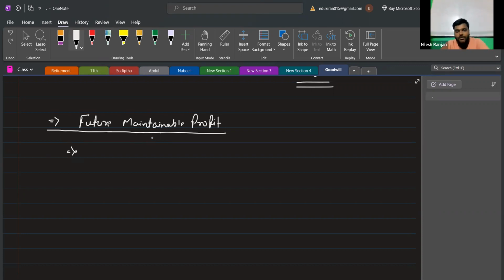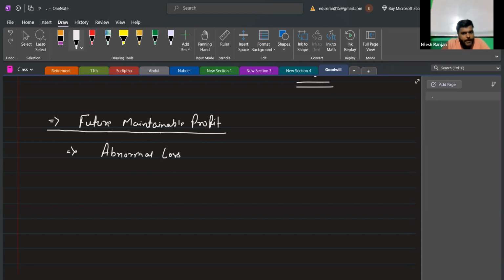We don't need items that are included in profit but which will not occur in future, or which are not of recurring nature, that is, of non-recurring nature. Sometimes there is abnormal loss in the business, loss by fire, loss by accident. These types of loss are not going to happen again and again.